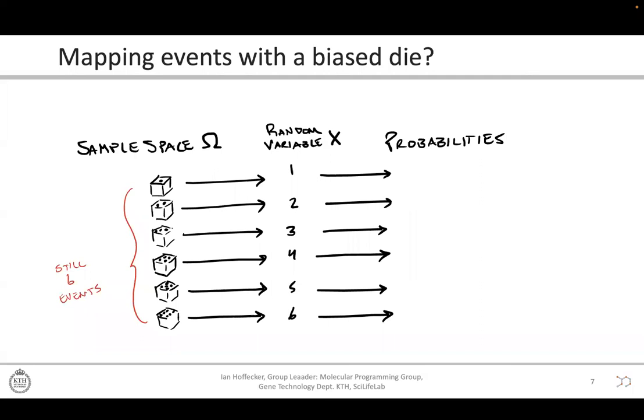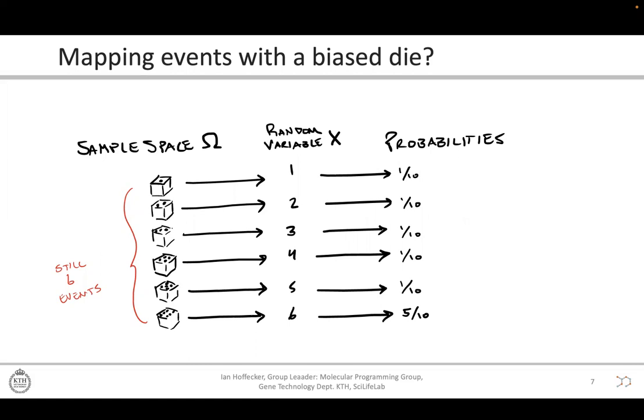But what if we have a biased die? For example, like this, we have 1 through 5 possible events that correspond to probability of 1/10, and then rolling a 6 has a probability of 5/10 or 1/2.